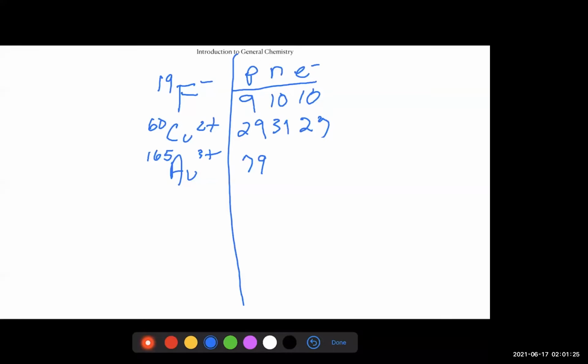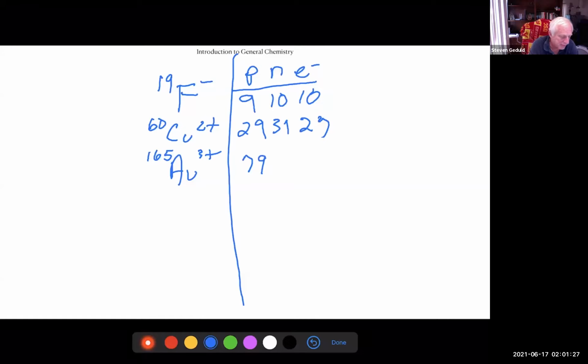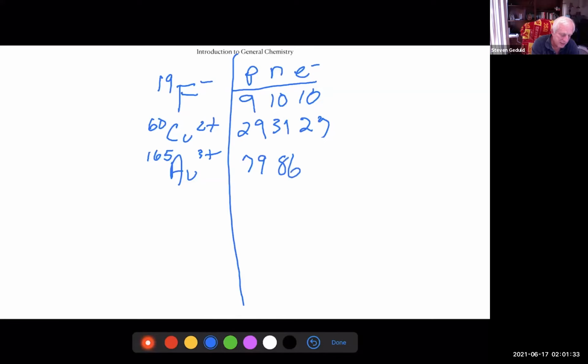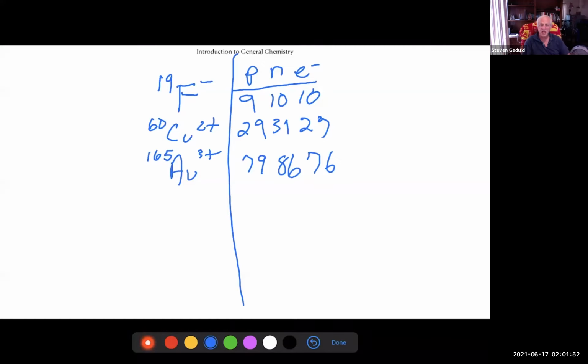All right, so how many neutrons does it have? 86. 7 more. 86. And how many electrons? 76. 3 fewer electrons than your protons. So 79 is your protons, neutrons are 86, and your electrons are 76.